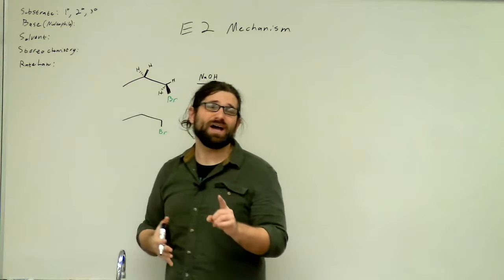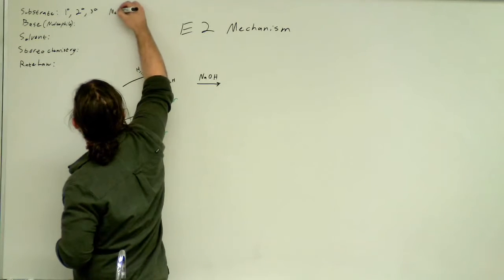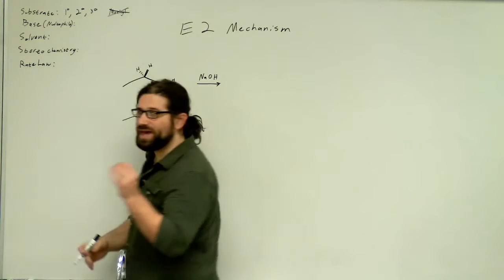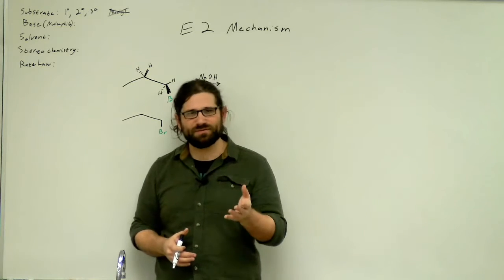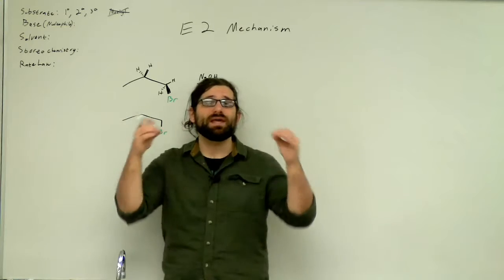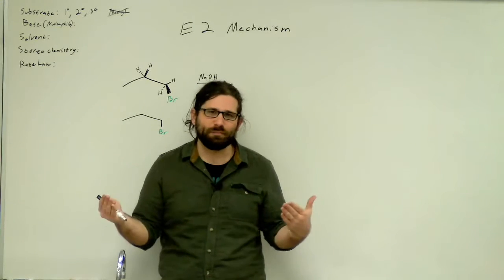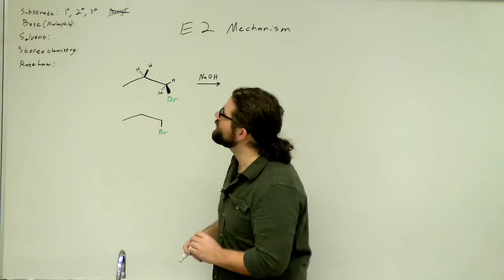The one time it can't work is with a methyl group. So it cannot work with a methyl substrate. And the reason for that is elimination reactions, by definition, are eliminating two groups in order to make a double bond. You can't have double bonds when there's only one carbon. So methyl groups are just out of the question.